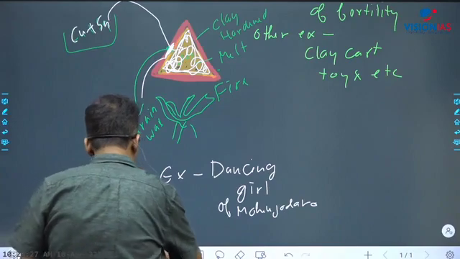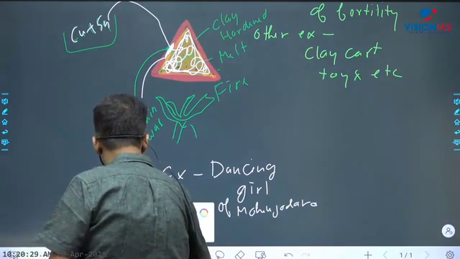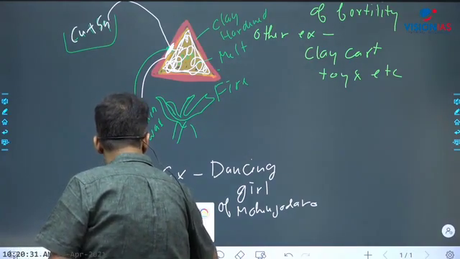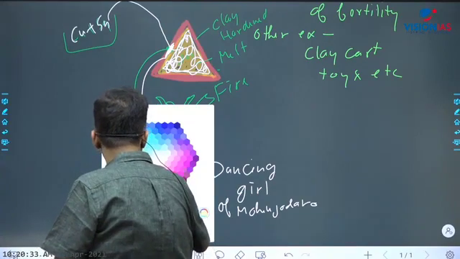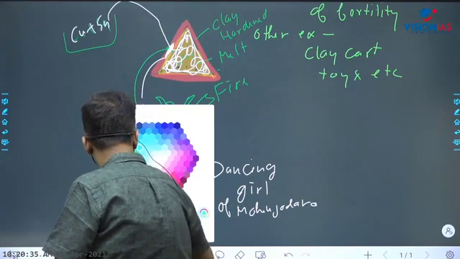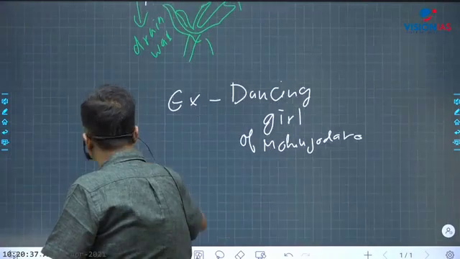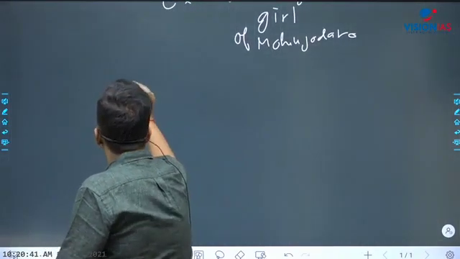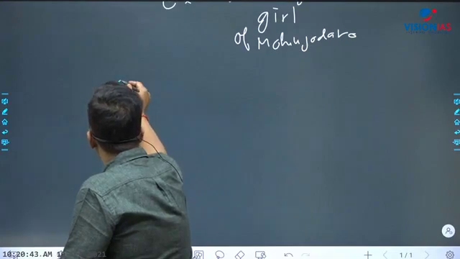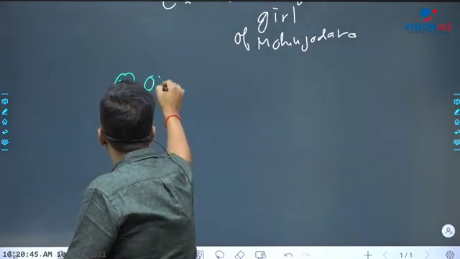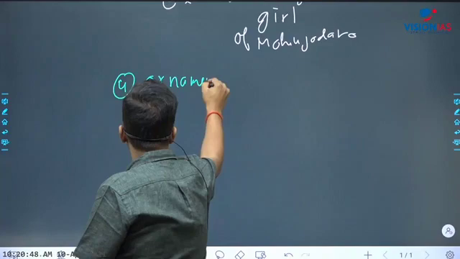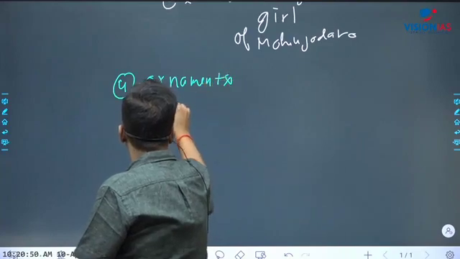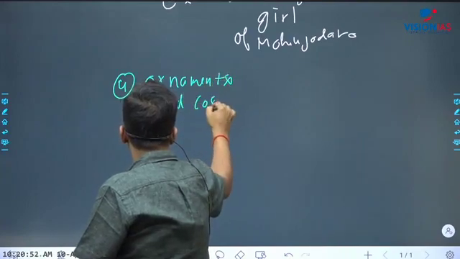Now I'm moving to the next topic, which is the cosmetics and jewelries of this time. We'll see the images once the air server is connected. Okay. So next topic you write, fourth, ornaments and cosmetics.